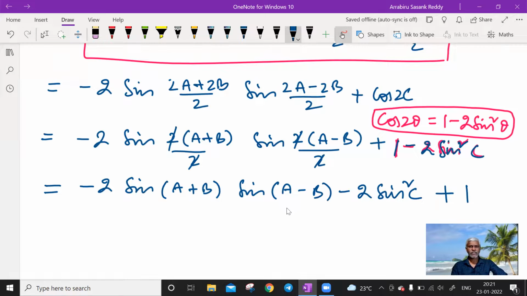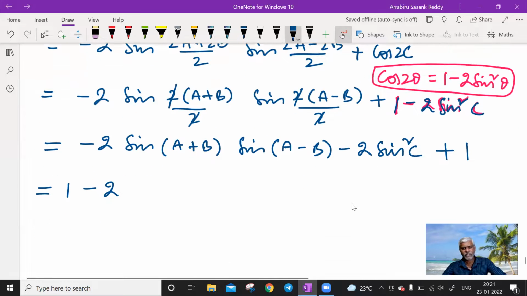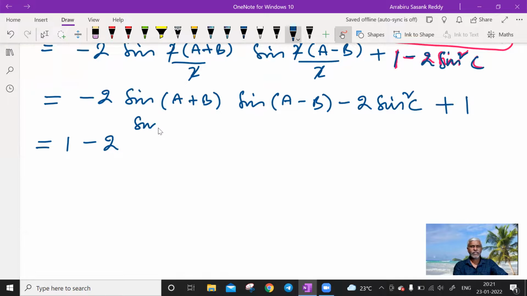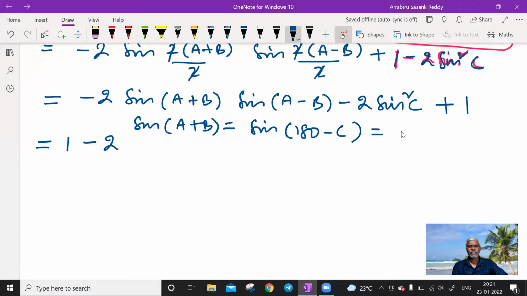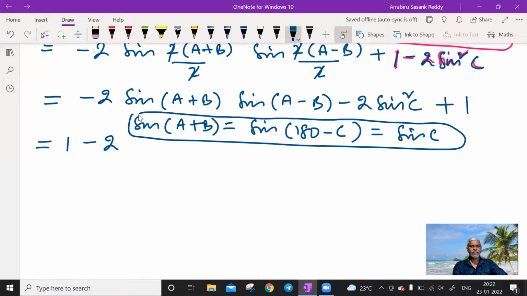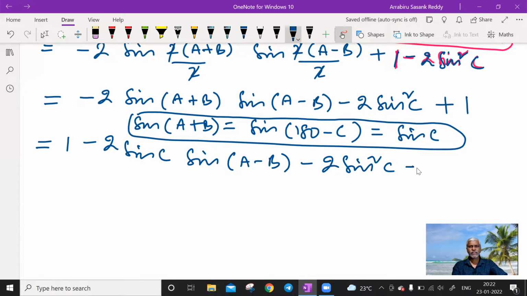You can write plus 1 at the beginning also. 1 minus 2 sin(A plus B), and sin(A plus B) is sin C, since sin(180 minus C) is sin C. So writing sin C in place of sin(A plus B), and sin(A minus B) as it is, minus 2 sin square C.